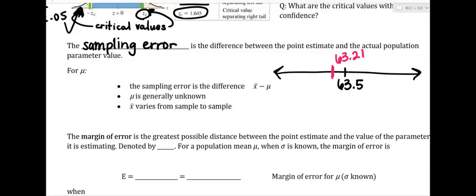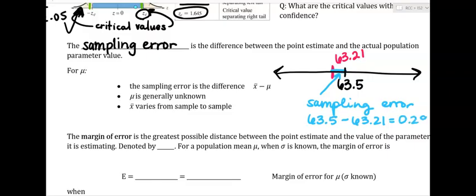So the sampling error would be the difference between those two numbers, the distance between those two numbers, how far we actually were off. So that blue, that's really thick, that blue distance there, that would be our sampling error. It tells us how much of an error our sample had, and I would have gotten that by 63.5 minus 63.21, which would have given me 0.29, if 63.21 was the actual mean.